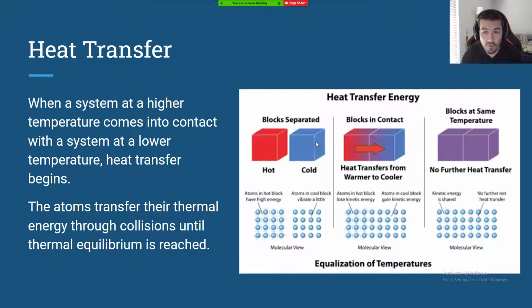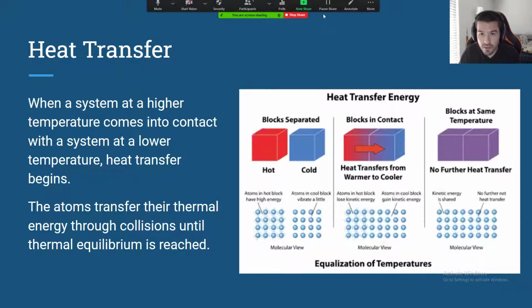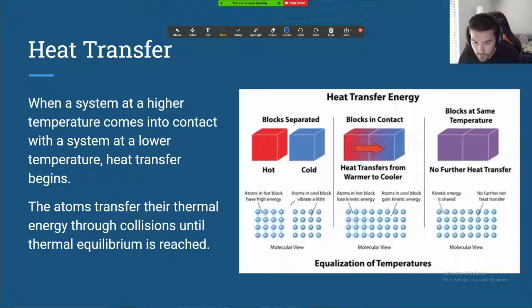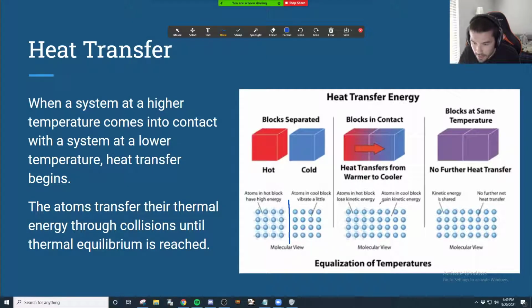Now you take a cold metal, say room temperature or even colder, and you put those together. How does thermal equilibrium come to be? How does the energy transfer from the hot one to the cold one? Well, here's the dividing line. This right here is where the action is going to happen.